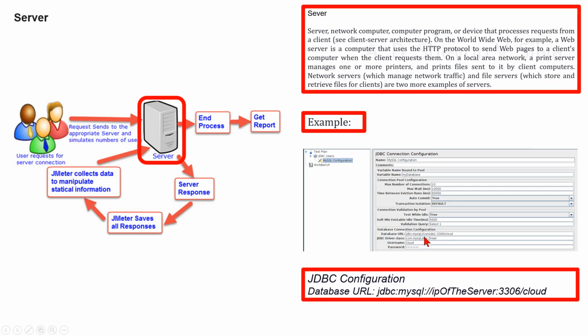This one is the IP address of the server. This is the server name here, and the 3306 and /cloud. This is CS node here.